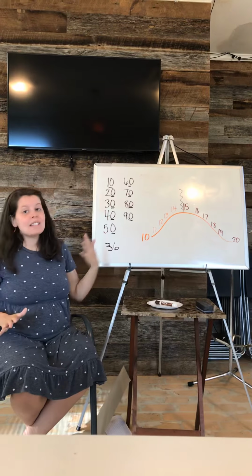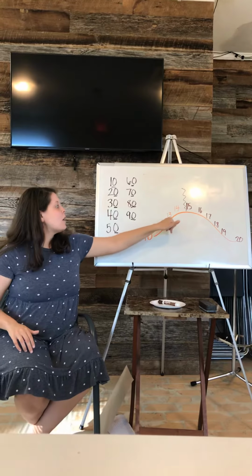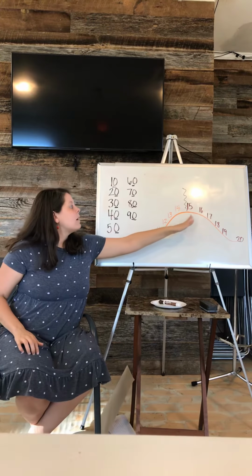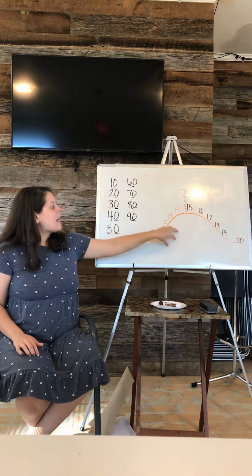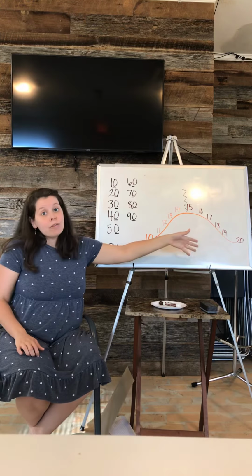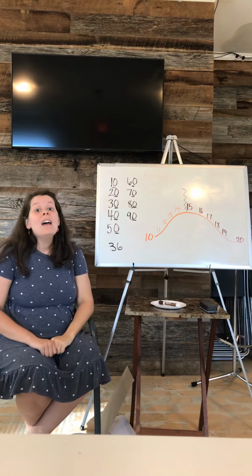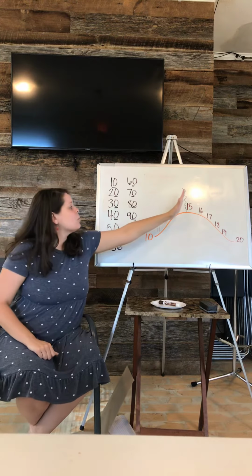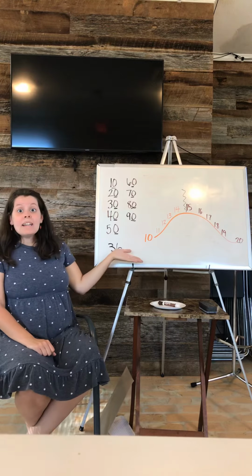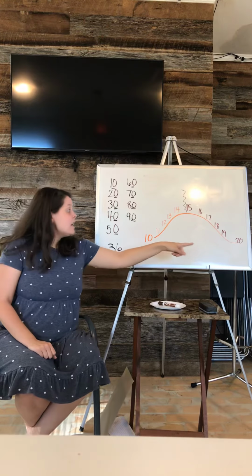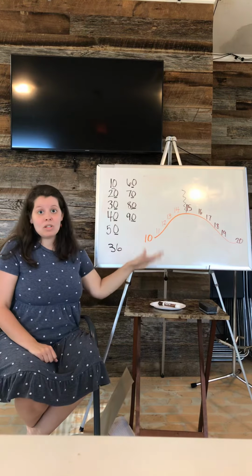Okay, so here we've got this nice little hill. We've got our orange numbers, 10, 11, 12, 13, 14, and then our brown numbers, 15, 16, 17, 18, 19, 20. So we see that it's kind of broken up into half, right? And there's this little line right here. This is the tipping point of our hill. 15 is right at the tipping point of our hill. Now, you could also make a hill just like this and put 20 and 30 and the numbers in between, or 60 and 70 and the numbers in between.